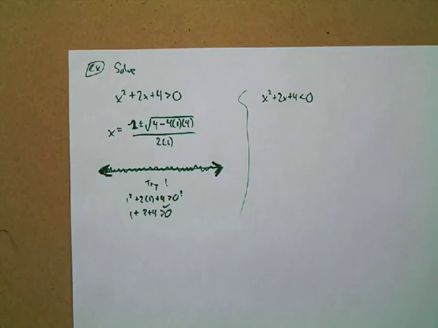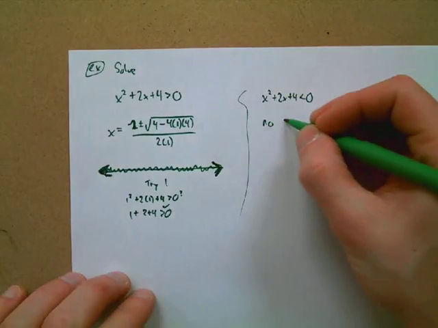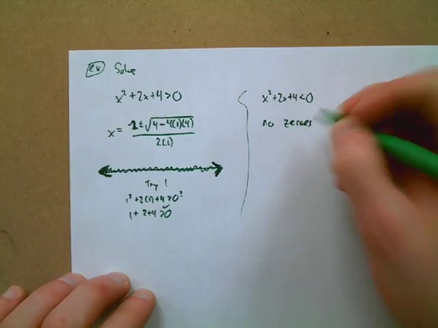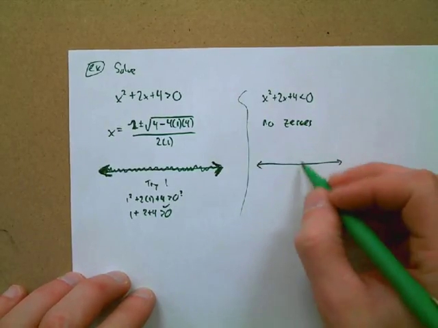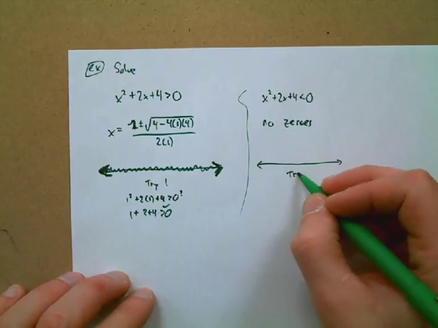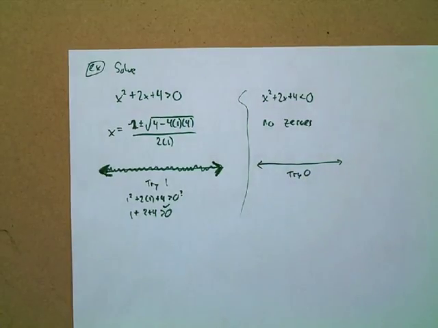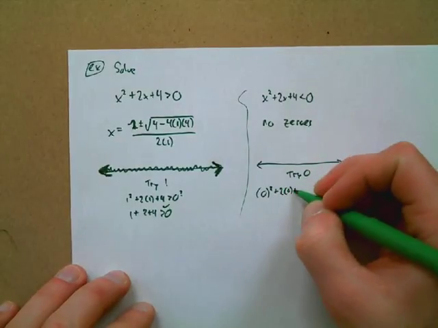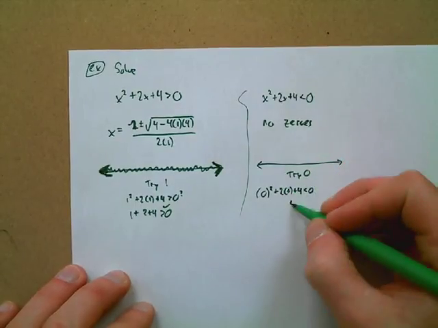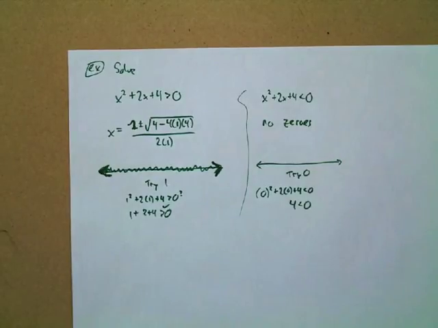We plug in 0, it'll be 0 squared plus 2 times 0 plus 4 is less than 0. So we're left with 4 is less than 0. And when is 4 less than 0? Never. So there are no solutions here because that inequality will never be true. And the other one is all real numbers.